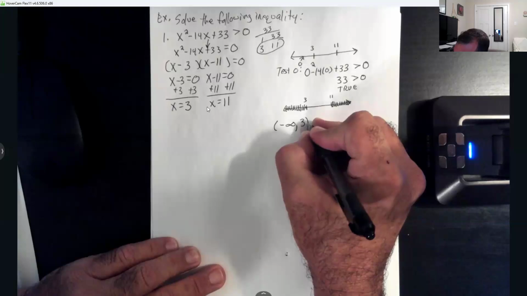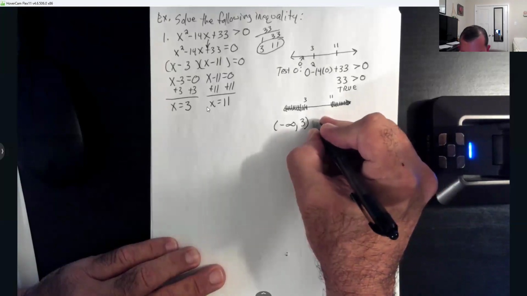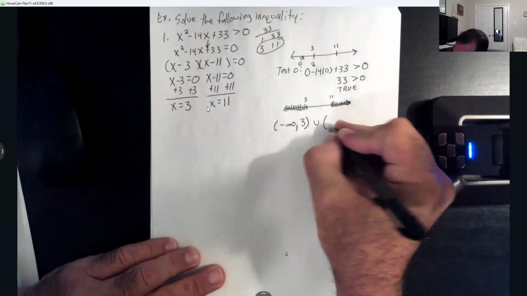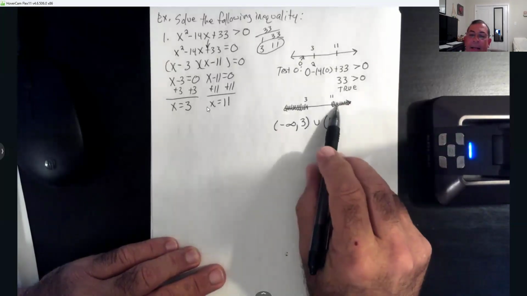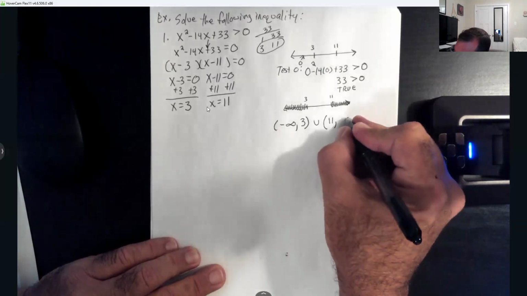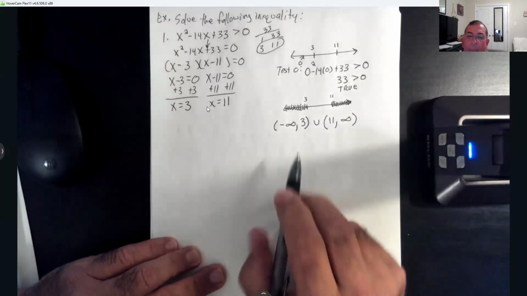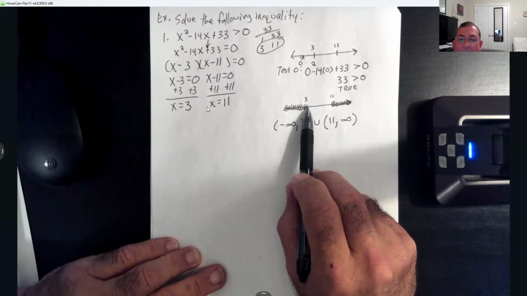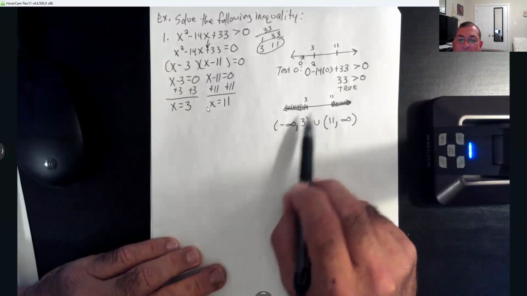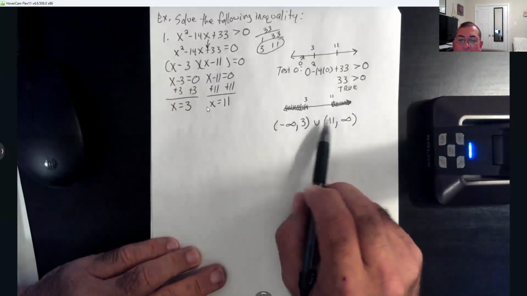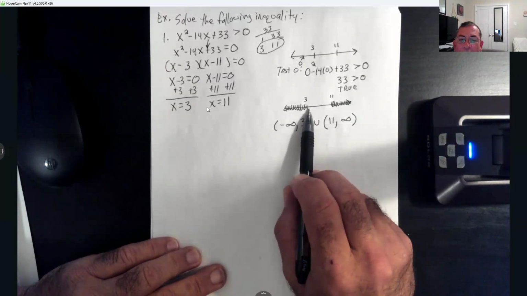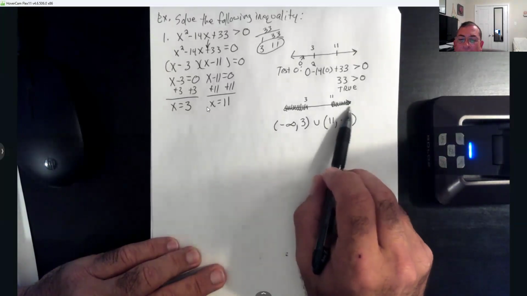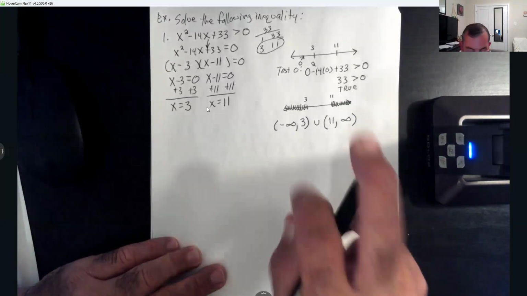So that means I use the curved parentheses. And then it'll start at 11 on the right side and go towards positive infinity. Notice, since there was nothing shaded here, there's nothing in between 3 and 11. It goes from negative infinity to 3, and then it goes from 11 to positive infinity.